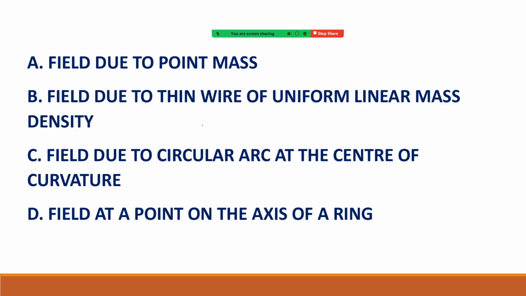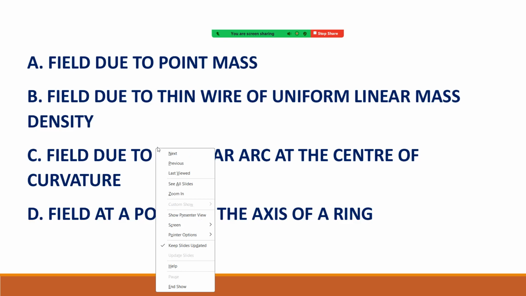Now the second one is a thin wire with uniform linear mass density. See how to calculate. Let us take a thin wire. We want to calculate now the strength of the field at some distance r from the wire.